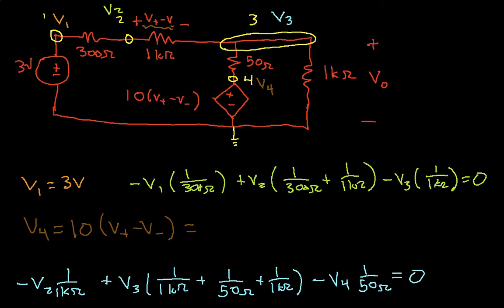So we have V4 is 10 times (V2 minus V3). Okay, so now we have 4 equations and 4 unknowns. Once we solve these, we should be able to tell what the output voltage Vout is, which turns out to be the same as V3. So let me write this down so we can solve it.